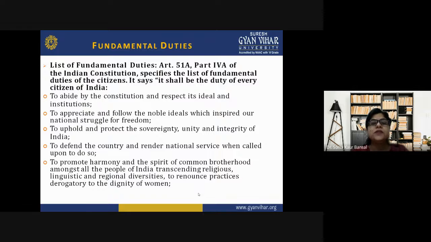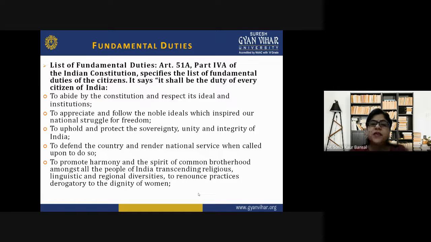Now, after studying about freedom of rights, now let's study about fundamental duties also. It is very correct that all the citizens have rights, and there are many rights we have discussed in various articles, but there are many duties also, which are called fundamental duties, and it is mentioned in Article 51A, Part IV-A of the Indian Constitution, and it specifies, students, the list of fundamental duties of the citizens.